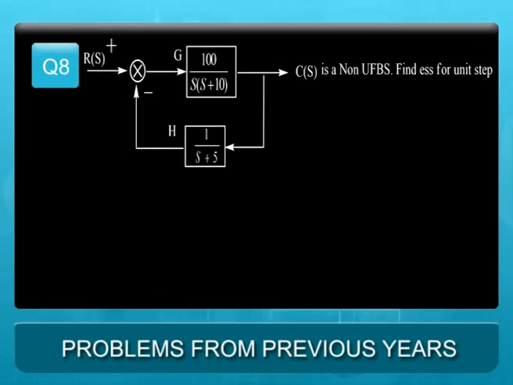For the given non-unity feedback control system in the problem 8, find out the steady state error for unit step input. So, let us look at the system that is given here. You can find there is a block in the feedback path.